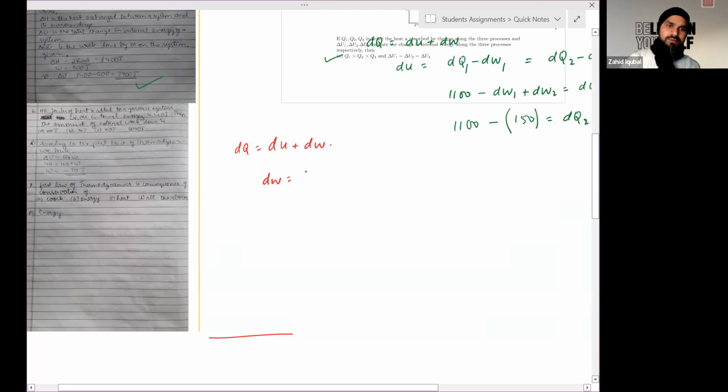So dW will be equal to heat supplied to the system, which will be taken as positive. This internal energy on moving to the left side will be negative. So you'll get 70 joule.